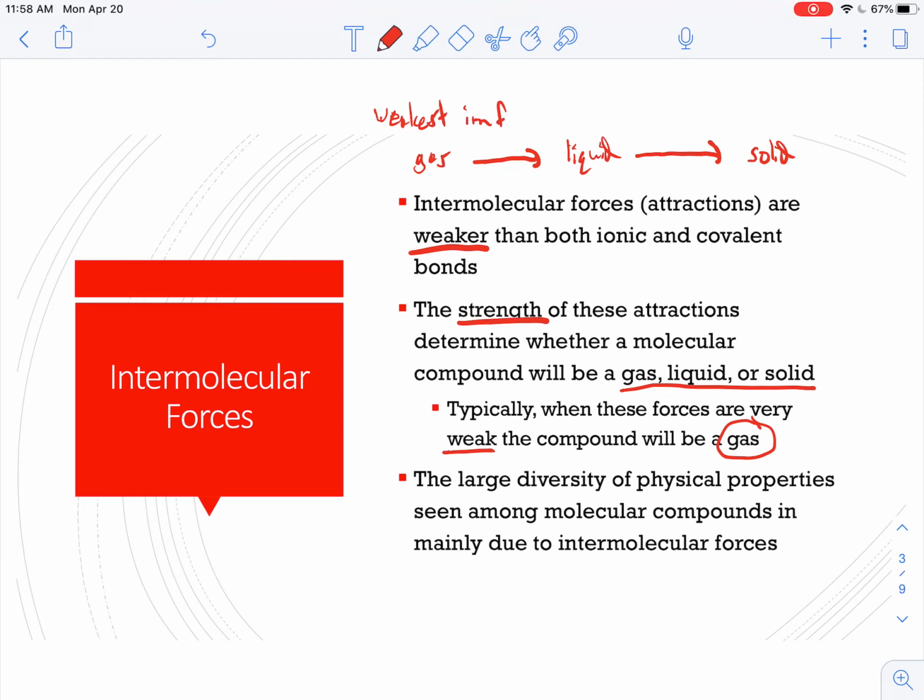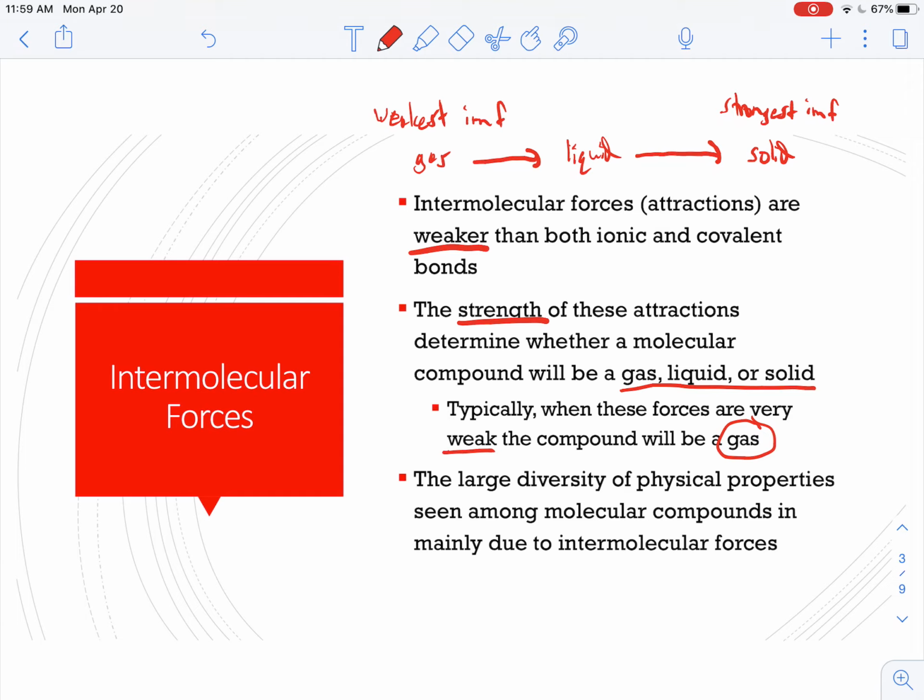Again, our solids are going to be held together by the strongest of our intermolecular forces. So again, weak intermolecular forces will result in gases. The stronger we get, the closer we'll get to being a solid.